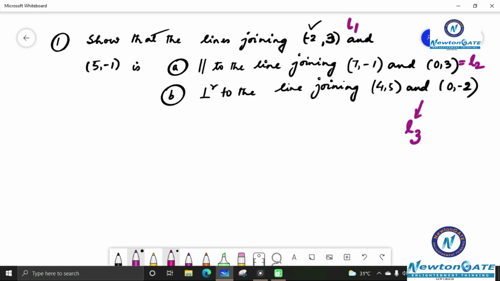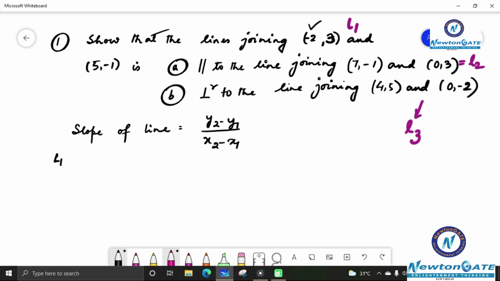Now for that, the first and foremost thing we have to do is find the slope of the individual lines. As you remember, what was the formula of the slope of any individual line? When the points are given, it is y2 minus y1 divided by x2 minus x1. So let us quickly find out individually the slope of each line.